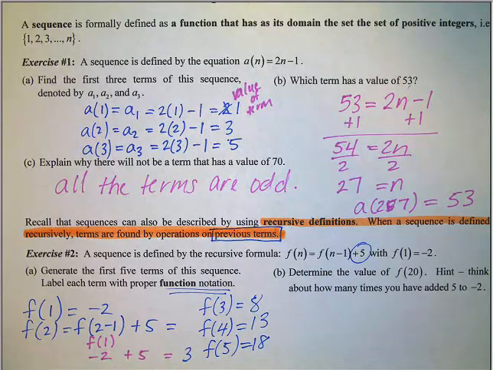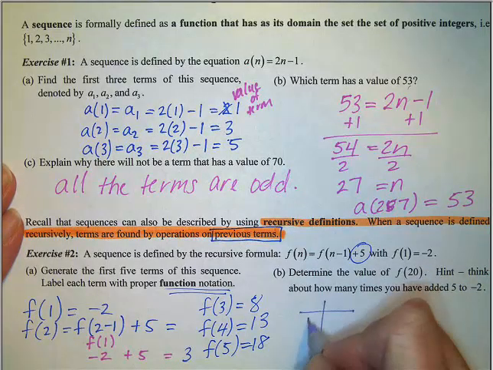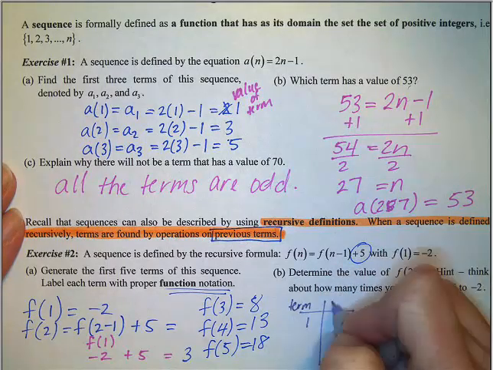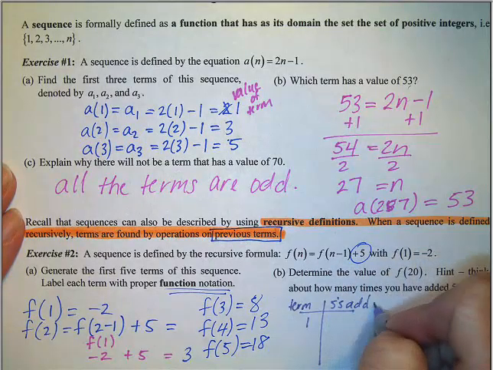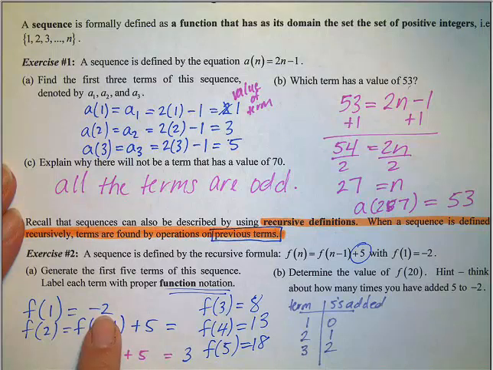So in part B, determine the value of f of 20. Hint, think about how many times you have added 5 to -2. So think about this. In the first term, how many 5s did we add? None of them, because they gave that to us. In the second term, we added 1 5. In the third term, we had to add 2 5s. So 5 plus 5 plus -2 is 8.